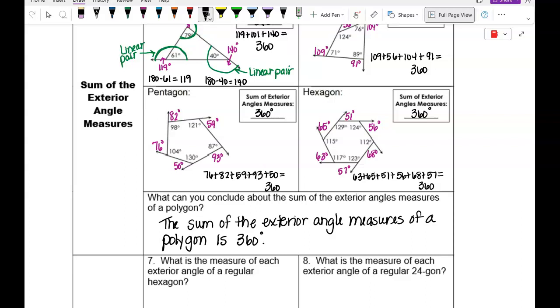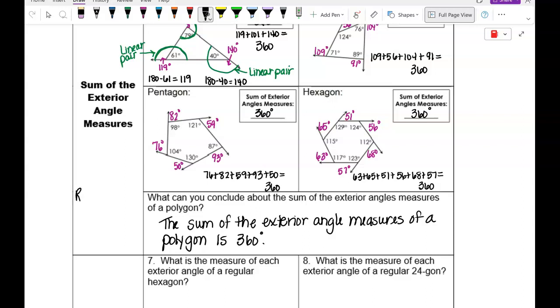You notice the polygons we had above were not regular. We had different angle measures at each vertex, so they were not regular. To apply this to a regular polygon, if we know that the sum is 360, then we could find each by dividing that 360 by the number of sides.